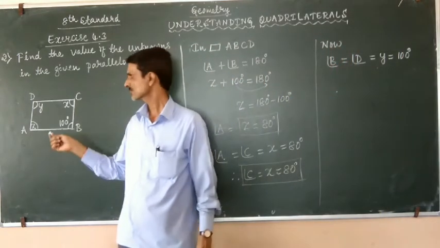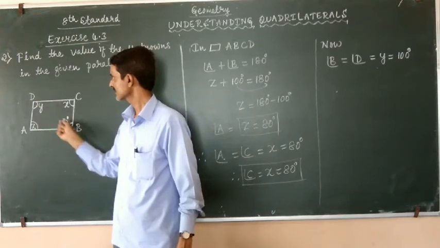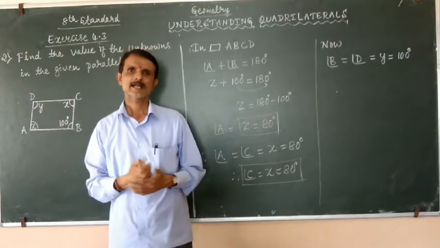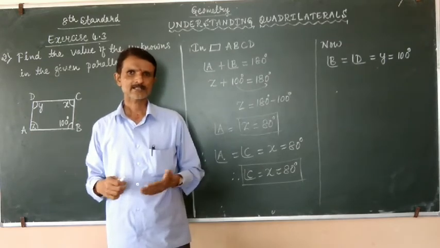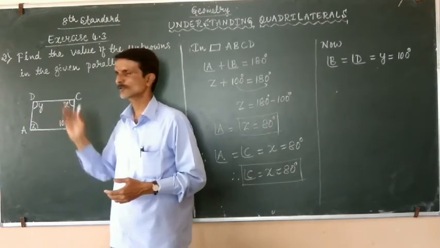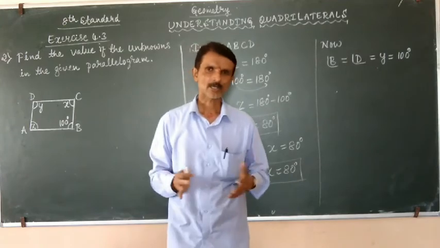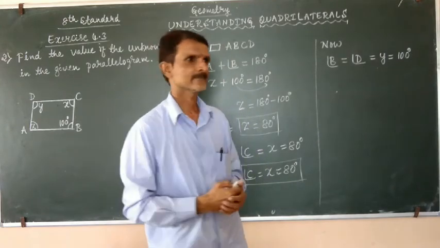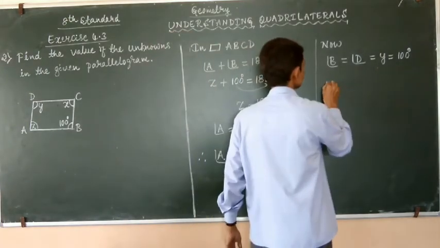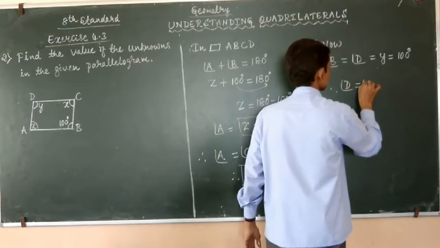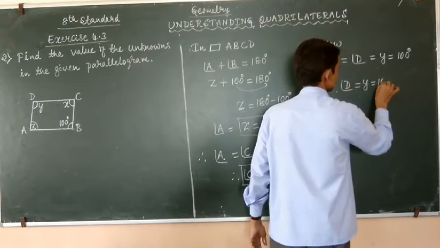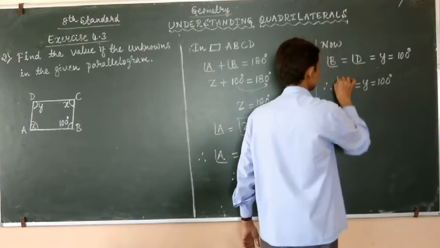Why? The reason is these two are the opposite angles of a parallelogram. So we know that opposite angles of a parallelogram are equal. Therefore, angle B equals Y equals 100 degree.